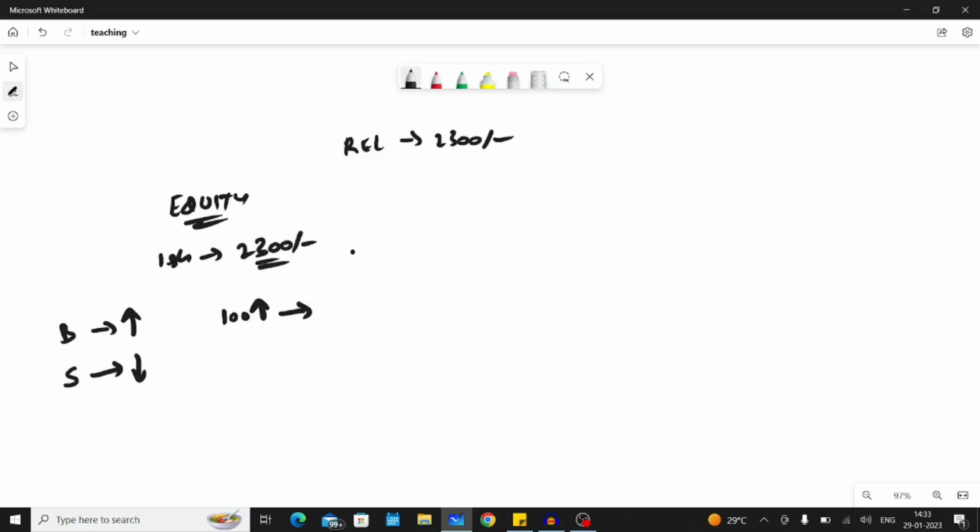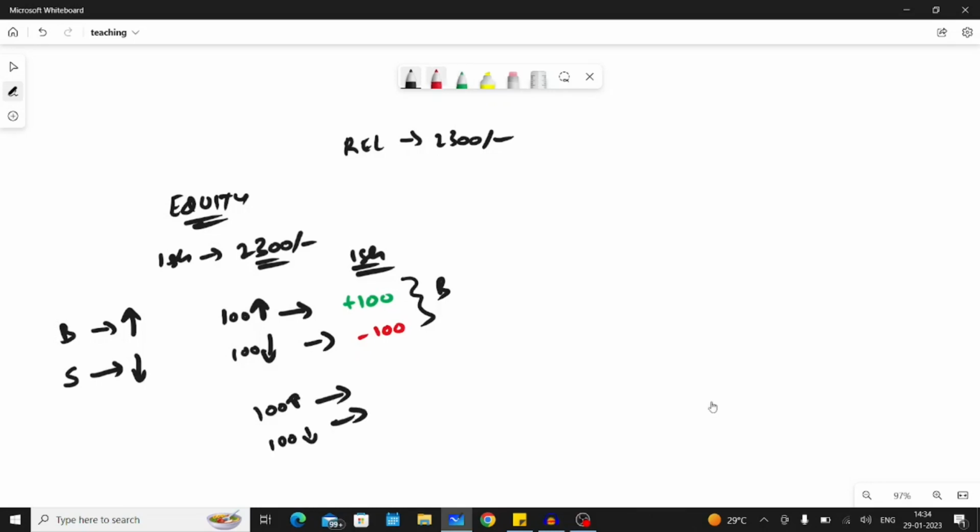In that scenario, since we have only one share, we'll make a profit of 100 rupees. And if the price goes down by 100 rupees, we'll make a loss of 100 rupees if we are a buyer. Similarly, if we are a seller and the price goes up by 100 points, we'll make a loss of 100 rupees. And if the price drops by 100 rupees, we'll make a profit of 100 rupees if we are a seller.